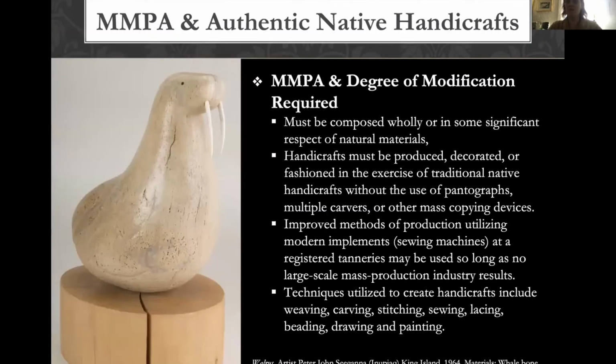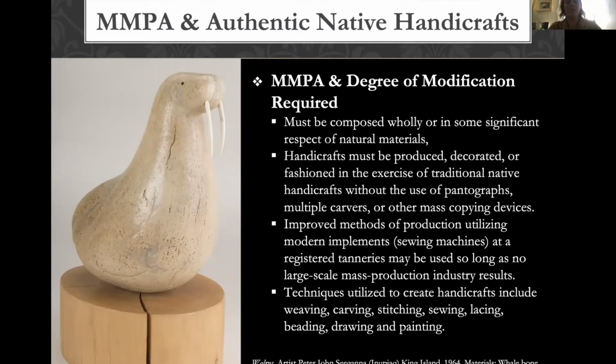So I did mention the Marine Mammal Protection Act. That's where most artists are introduced to the degrees of modification required, because they're very stringent on this. When you're looking at how they define degrees of modification, it has to be composed wholly or significantly of natural materials.